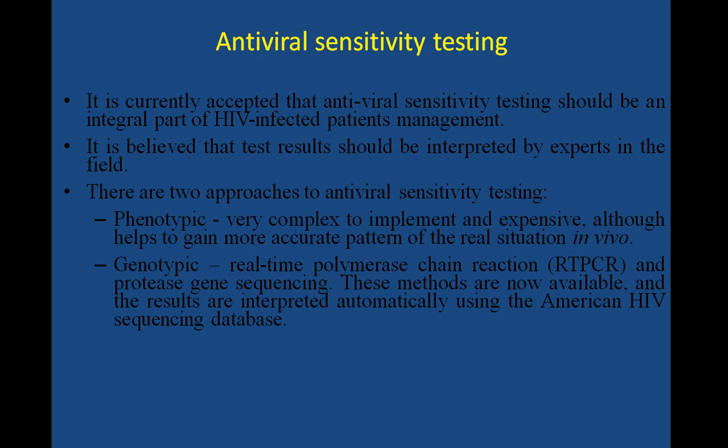Phenotypic is very complex to implement and expensive, but also helps to gain a more accurate picture of the real situation in vivo. Genotypic: real-time polymerase chain reaction and protease gene sequencing. These methods are now available and the results are interpreted automatically using the American HIV sequencing database.